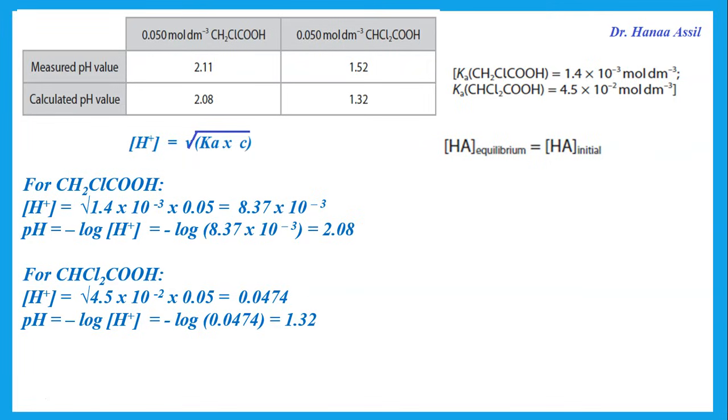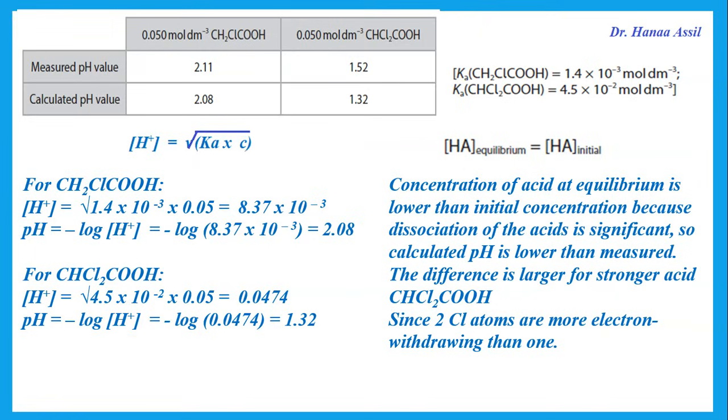Remember that we had this approximation in which we said the concentration of the acid at the end is the same as the concentration of the acid that we started with, and that's really not true, because concentration of acid at equilibrium should be lower than the initial concentration because the acids dissociate.